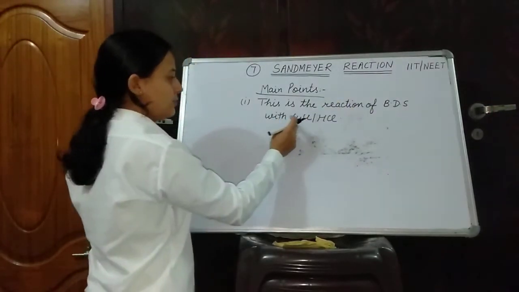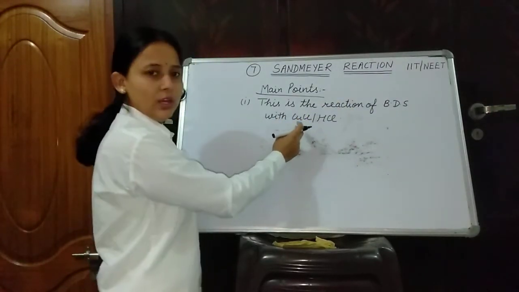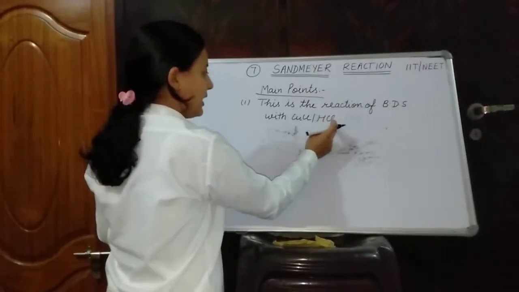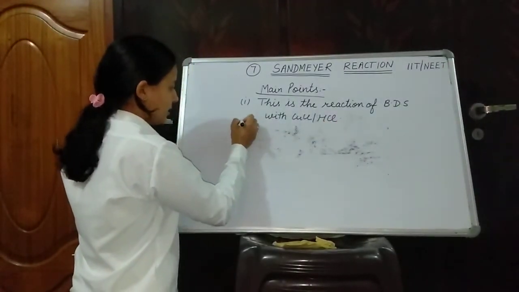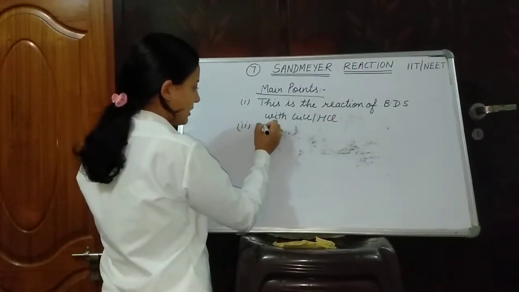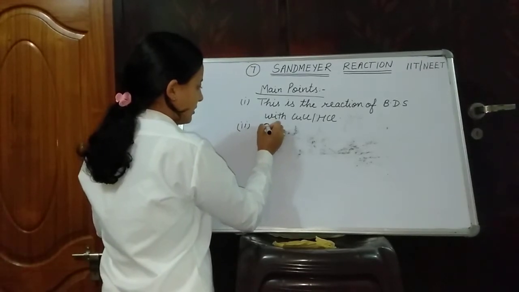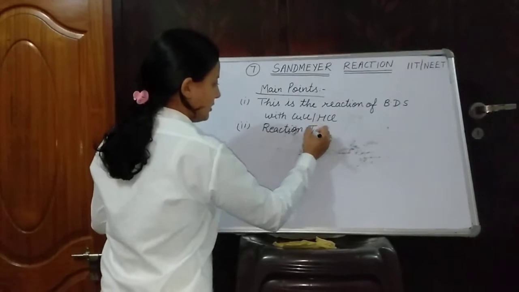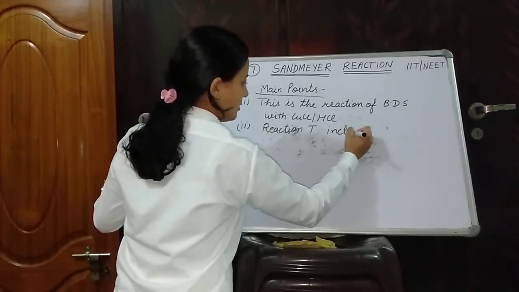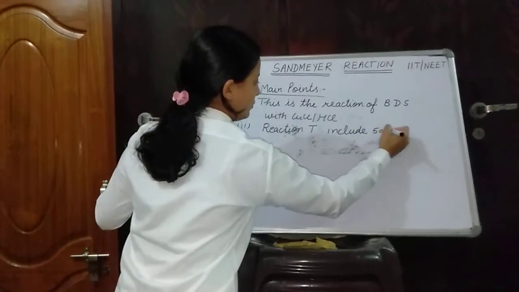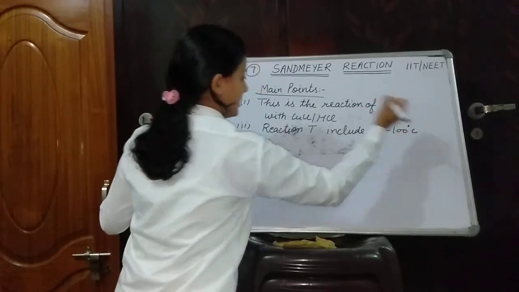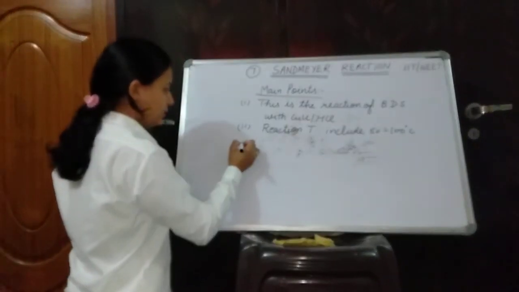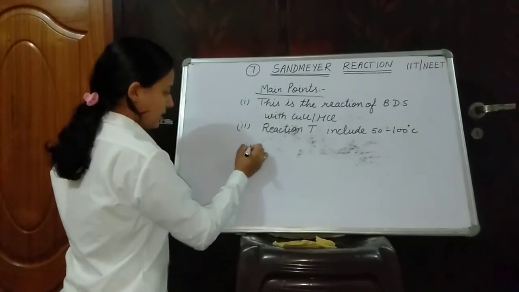That means the reaction will take place in the presence of cuprous chloride and hydrochloric acid. Second point, reaction temperature includes 50 to 100 degrees Celsius. Heating must be needed during the reaction progress.